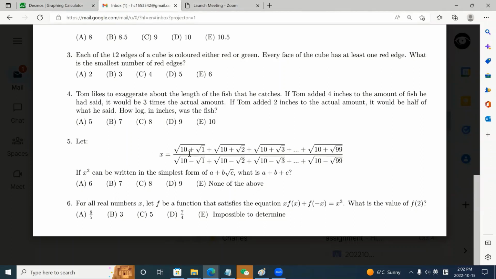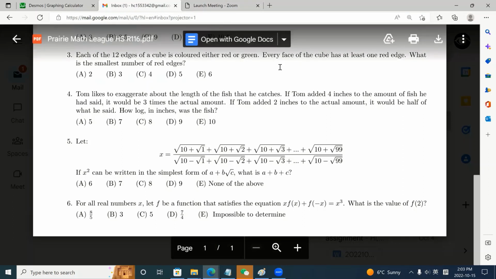Let's read the question. So x is equal to the square root of 10 plus the square root of 1, plus the square root of 10 plus the square root of 2, plus the square root of 10 plus the square root of 3, until the square root of 10 plus the square root of 99, divided by the square root of 10 minus the square root of 1, plus the square root of 10 minus the square root of 2, until the square root of 10 minus the square root of 99, as you can see on the screen.